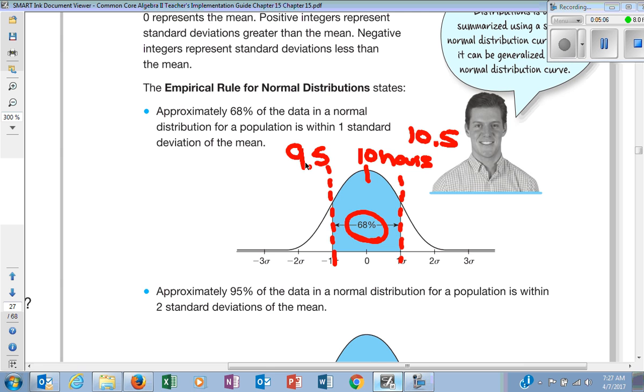Now, that means that my standard deviation is 0.5. One time I add 0.5, one time I subtract 0.5. Does that make sense?